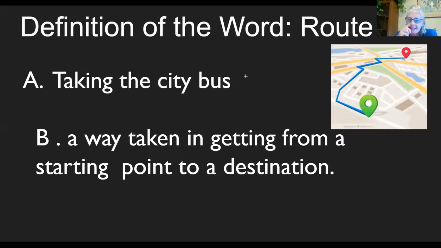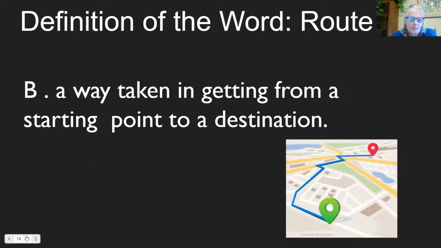Is it A, taking the city bus, or does route mean a way taken in getting from a starting point to a destination? If you put B, you would be correct. A way taken in getting from a starting point to a destination.